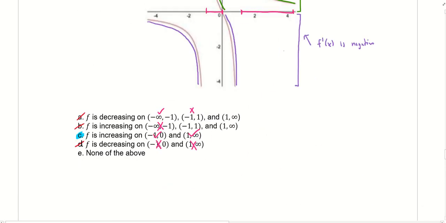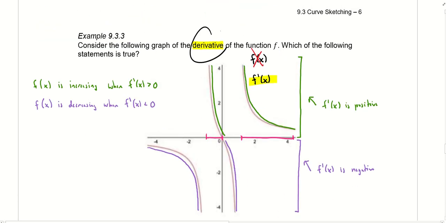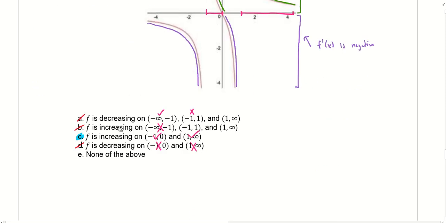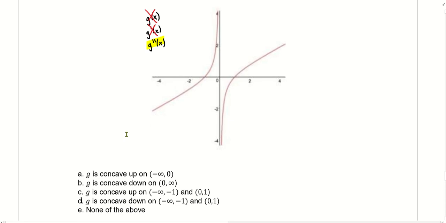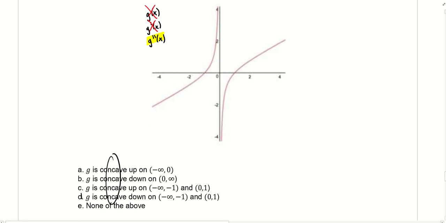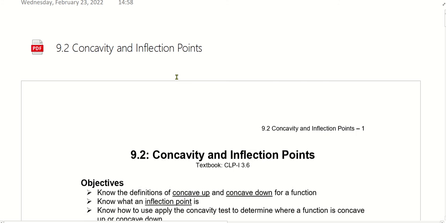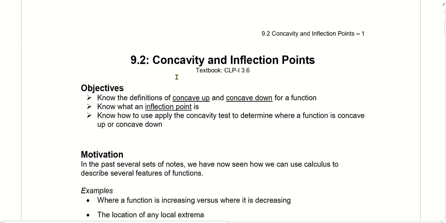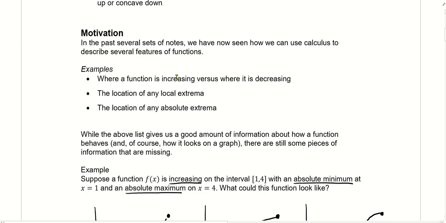Just like up here, I wrote down what the first derivative tells us about where our function is increasing or decreasing. So here I've got a graph of the second derivative. I've got statements about concavity. So let me go back to the 9.2 notes again, just to indicate where I'm looking, and write some things down about concavity and the second derivative.